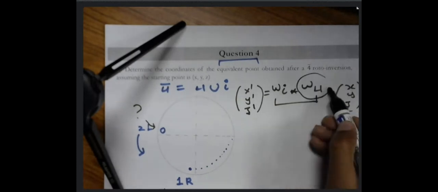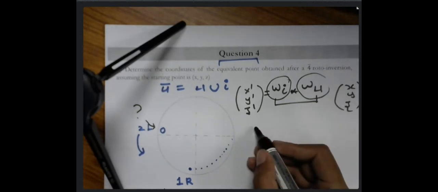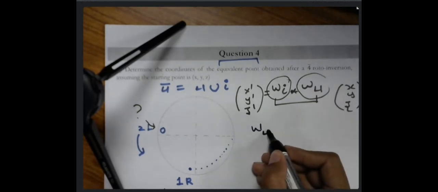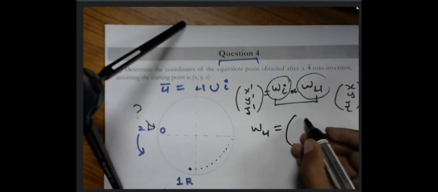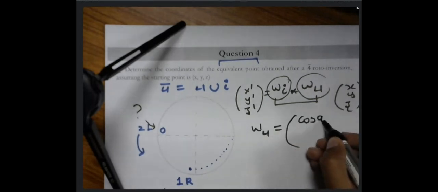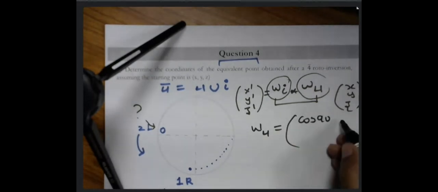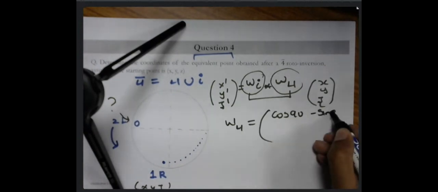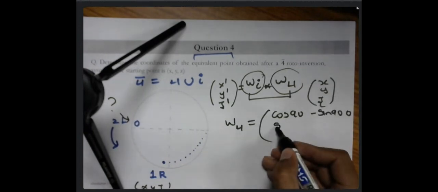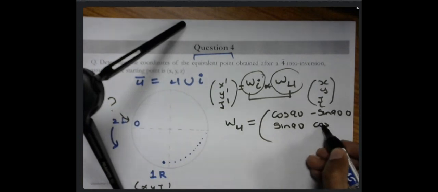W4 and W inversion. Let's write for the W4, fourfold. Cos of 90, we are rotating by 90 only. Then minus sine 90, 0, sine 90, cos 90, 0, 0, 0, 1.